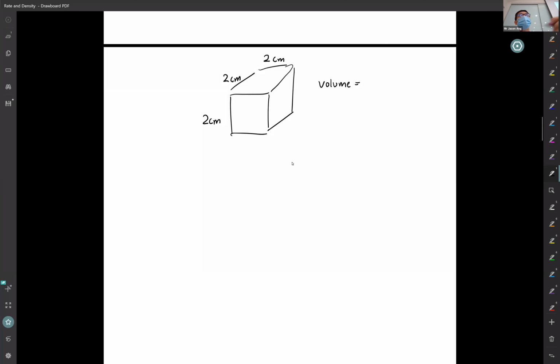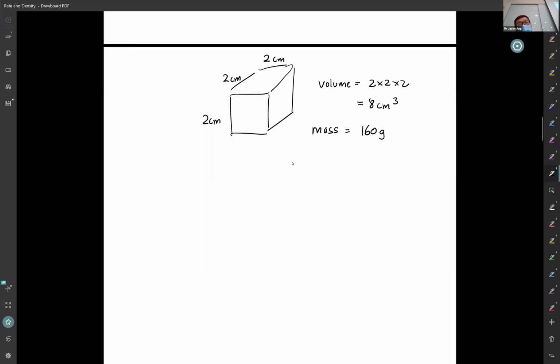Come on, tell me the answer. What is 2 times 2 times 2? 8. Okay, this is simple stuff. 8 cm cube. Let's say we know that the mass of the whole thing is 160 grams.